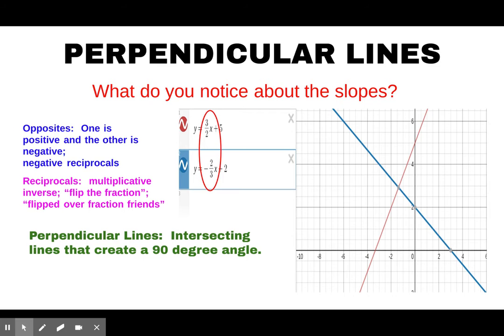You may have used the term multiplicative inverse before, but a reciprocal is basically when we flip the fraction. Or a fun way to remember it is flipped over fraction friends. So when you have two lines that are perpendicular, their slopes are opposite reciprocals or negative reciprocals.